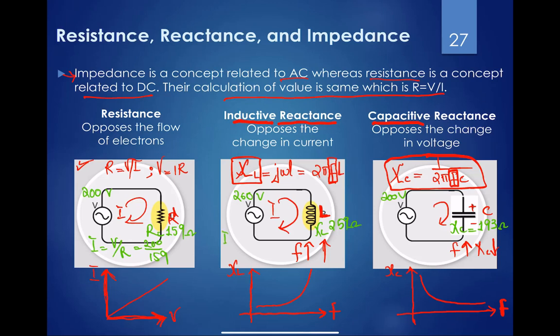Similarly here, I equals V over XL, where V is 200 and XL is 259, and over here, I equals V over XC, where V is 200 and XC is 193 ohms. And remember, how do you find XC and XL? You have this equation. If you know the frequency and the values of the inductor and capacitor, you can plug them into these equations and find the reactance.